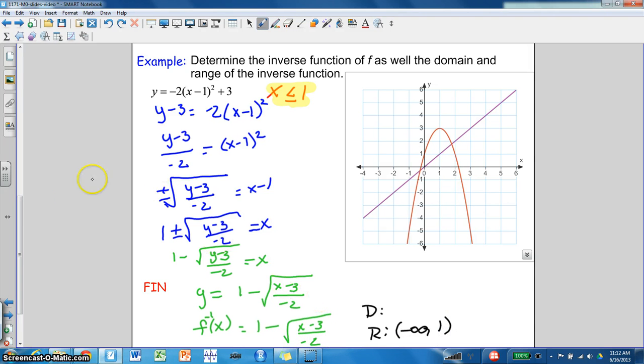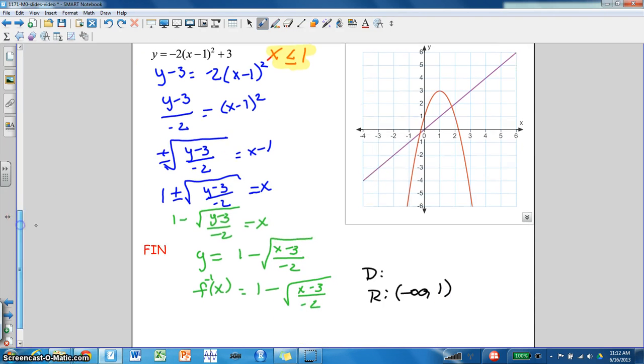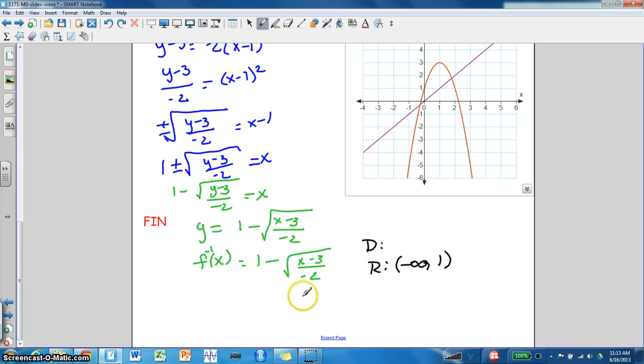Now for the domain, I need to see what kind of values I can input into here. Well, if I have a square root, I need x minus 3 over minus 2 to be a positive value, or equal to 0. So I go ahead and solve this, and I'm just going to get x is greater than or equal to 3.